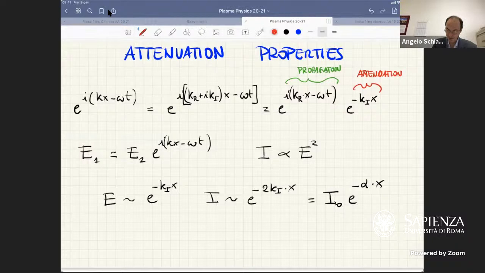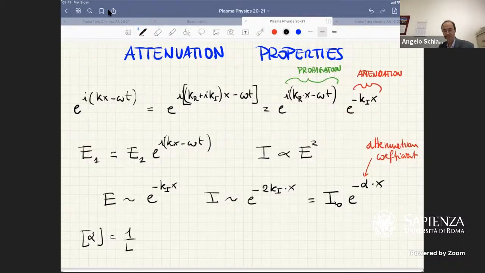So alpha is the attenuation coefficient. The dimension of alpha is 1 over a length. And actually, we can call L absorption or attenuation, 1 over alpha, the characteristic length over which the intensity of the wave drops exponentially.